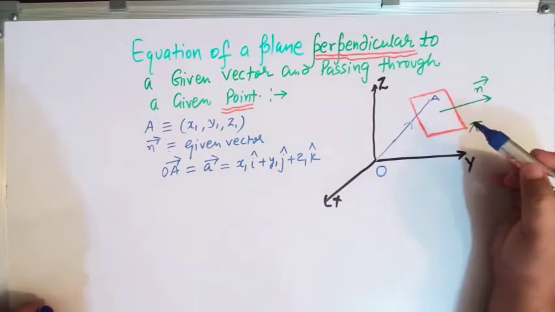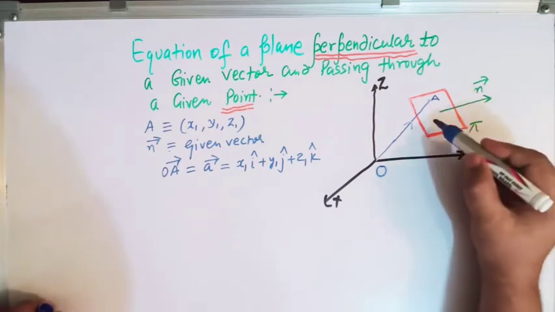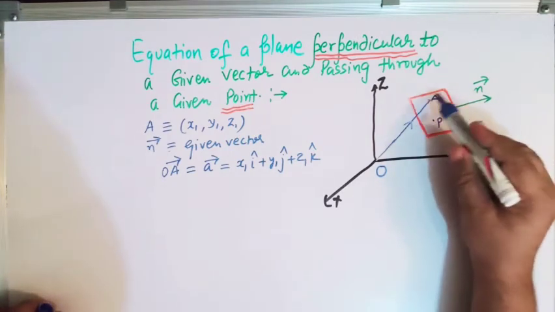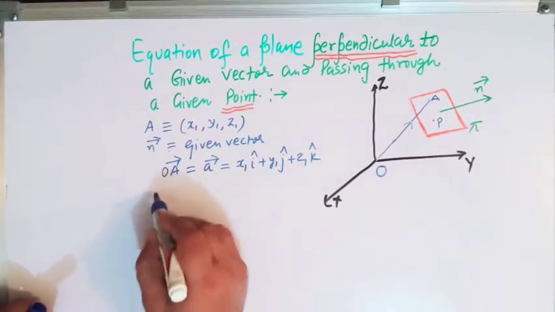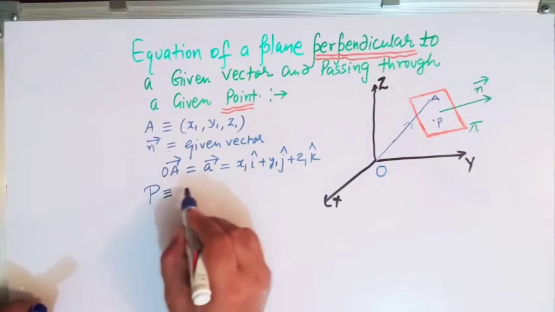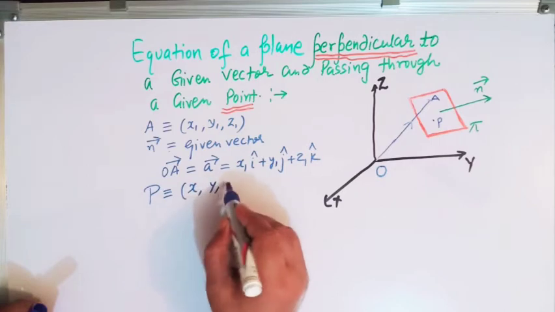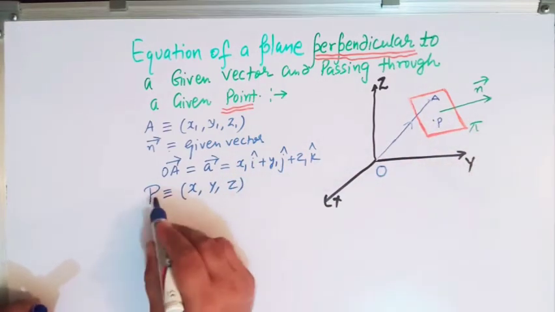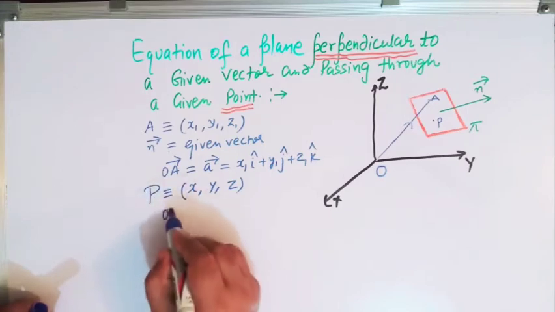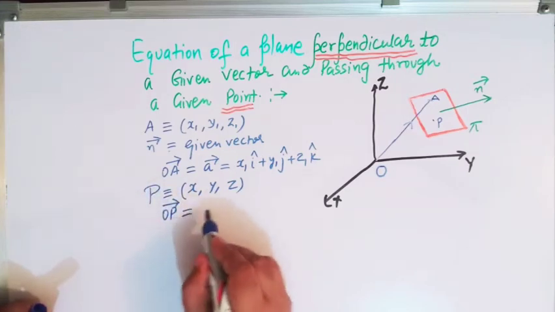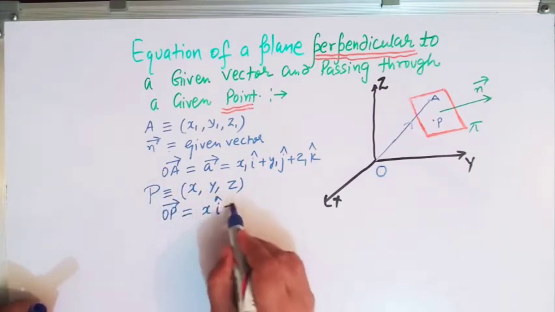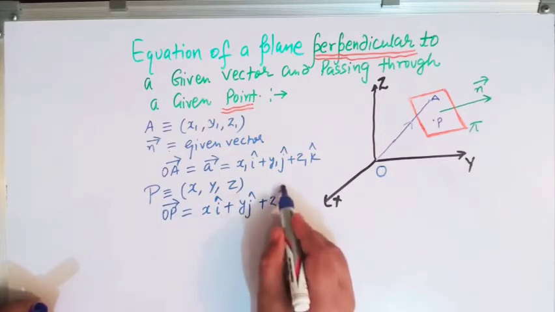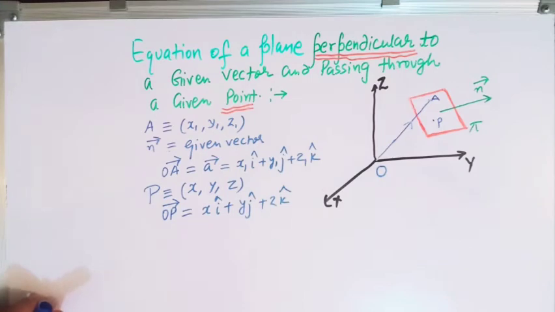Okay, now let us take a point P on the plane, and this point P is a general point, and the position vector of this point P is vector OP, and this is xi cap plus yj cap plus zk cap, right?